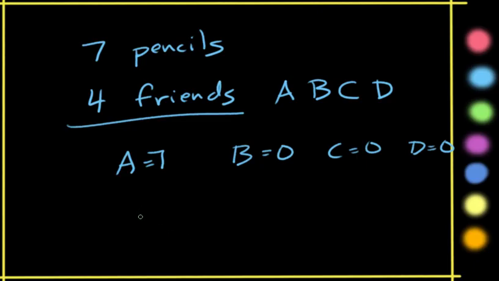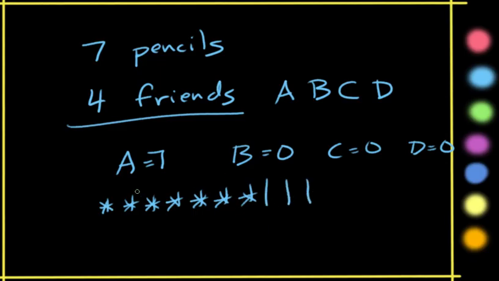So what's handy here is to find a way to represent these with some ordered symbols. For example, I could represent the situation where Albert gets all 7 pencils by putting 7 stars in a row: 1, 2, 3, 4, 5, 6, 7. Those are my 7 pencils. And then 3 bars.